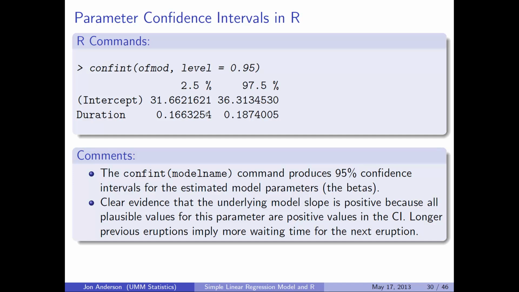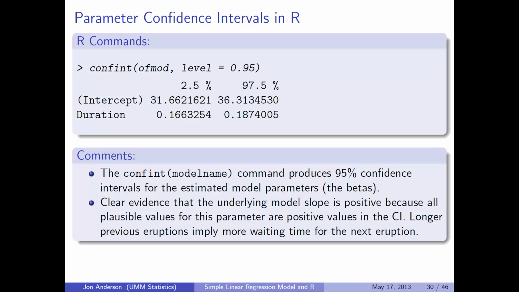All of the reasonable things to say about the data generating beta 1 parameter value is that it's something in between about 0.16 and about 0.19. And all of the things that are reasonable to say about that number are positive numbers, suggesting very clear data evidence that there is an increasing relationship between these two variables. The longer Old Faithful erupts, the longer you're going to have to wait for the next eruption.